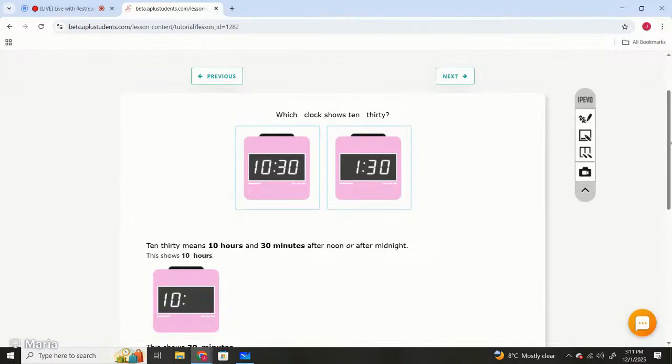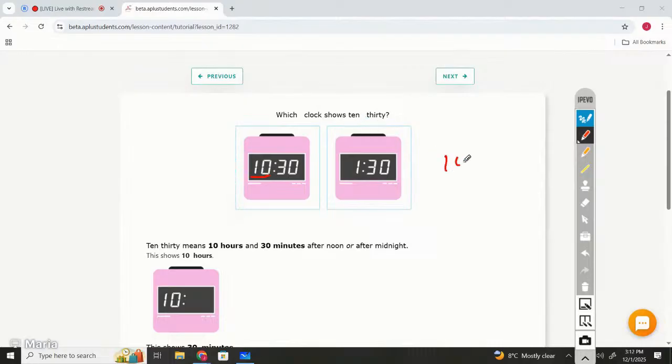Very good. The first one is the correct option because you can see here the first one, the 10:30 means you have 10 hours and 30 minutes, right? So the first one shows 10 hours and 30 minutes. So the correct option is 10 hours and 30 minutes.